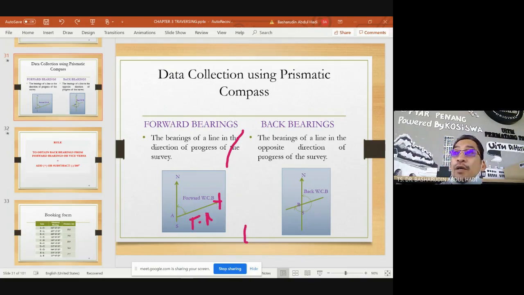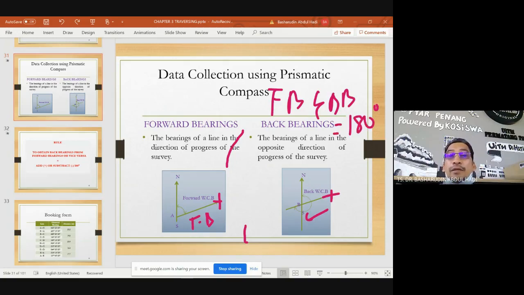B to A is what we call back bearing. So it means the difference between forward bearing and back bearing is 180 degrees, because it is in one line. You already learned this in mathematics.